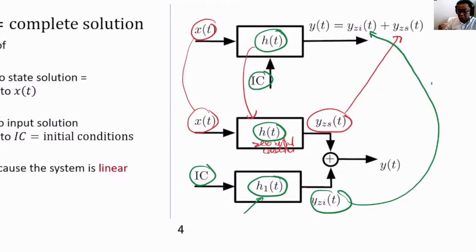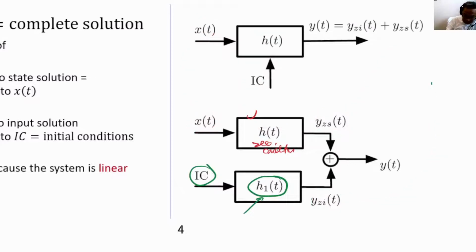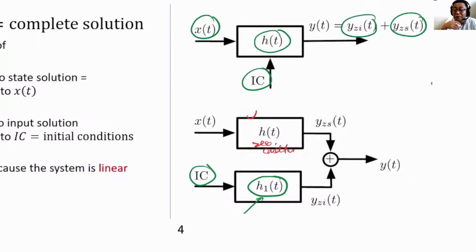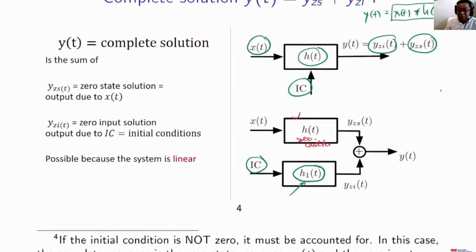But the big picture of this diagram is simply to say that now I have two inputs. One is x of t and one is the initial condition into the system. Therefore I should have two different outputs, one representing each of these different inputs. The reason why we can do this is because the system is linear.